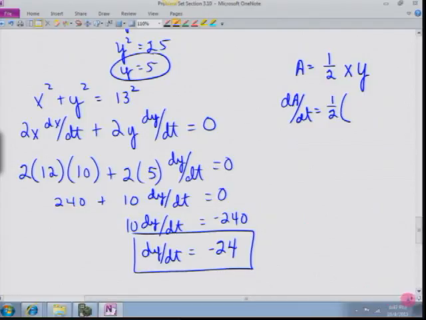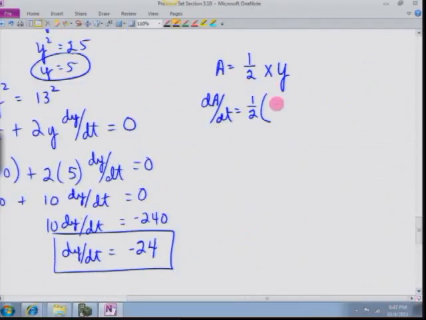dA/dt equals 1/2. I'm just going to put the 1/2 on the outside. Do we have a product? Yeah. Okay, so what do we got? We got x dy/dt plus y dx/dt. Do we have all those things?